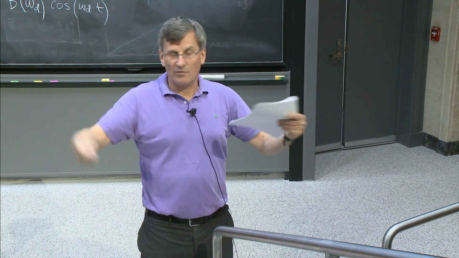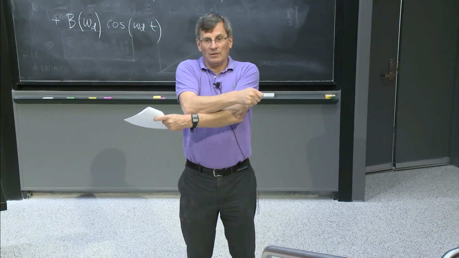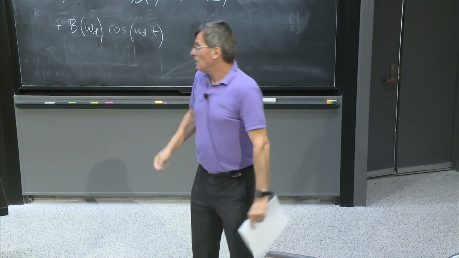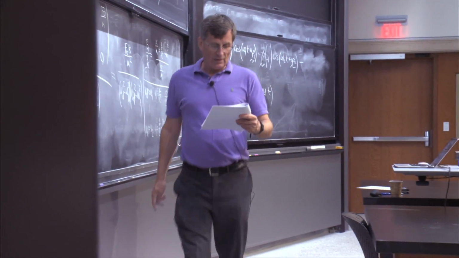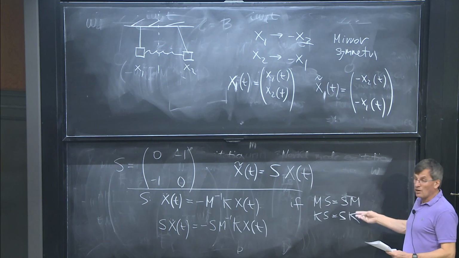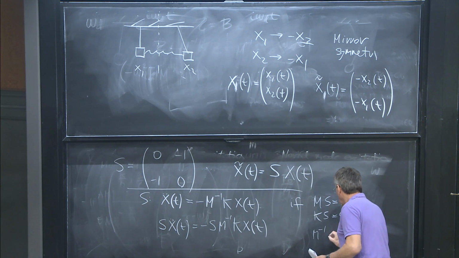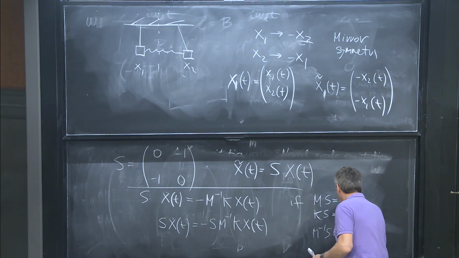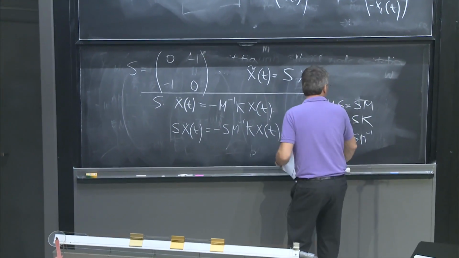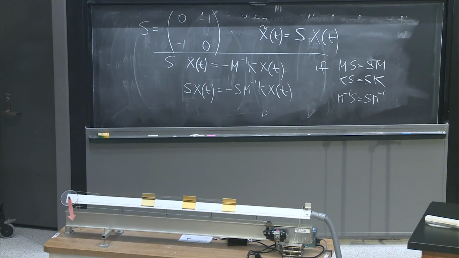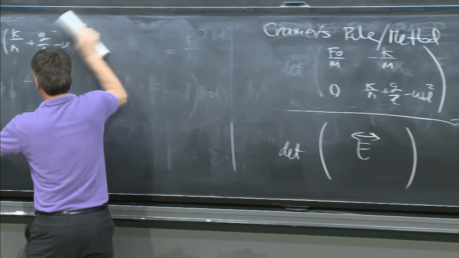Also, if the forces are the same, then multiplying by S, if you flip things, nothing changes. And mathematically, it means that the order of multiplication does not matter. It means that they are commuting. And of course, m minus 1 S is equal to S m minus 1. Okay? If this is the case, then I can plug it into the equations and see what happens.